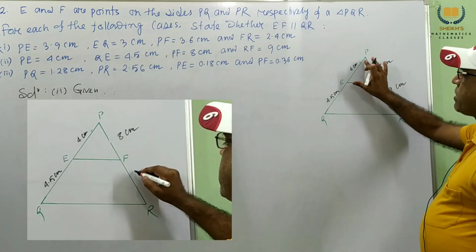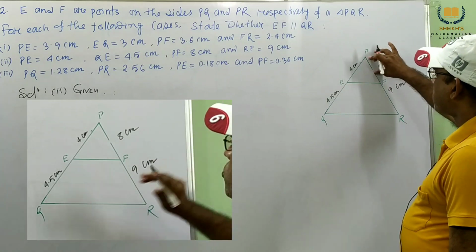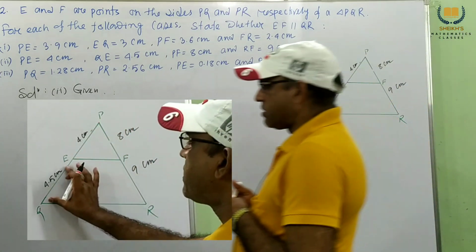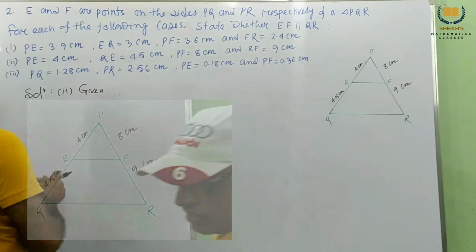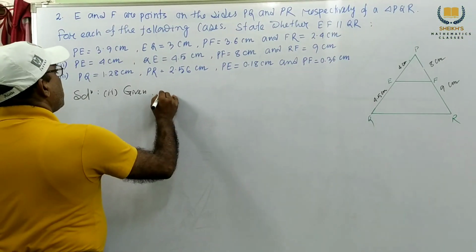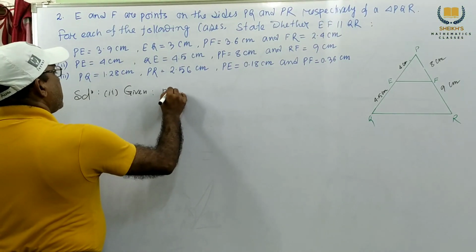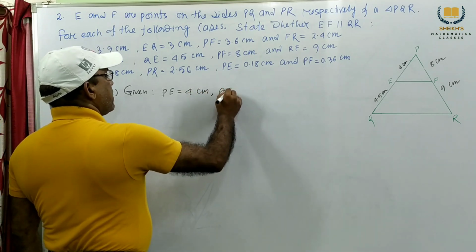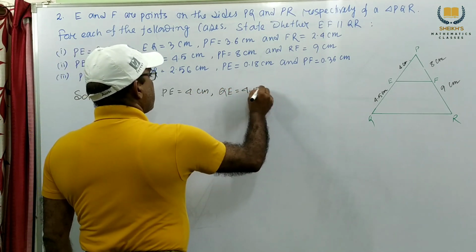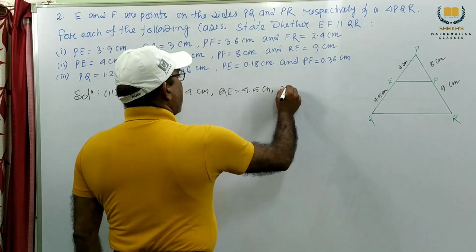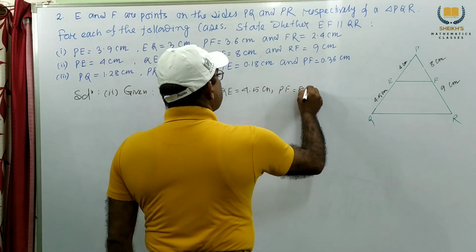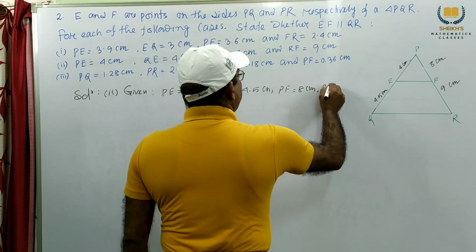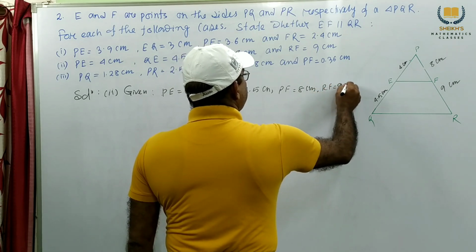Now you want to check whether this by this is equal to this by this or not. What are given? Number 2, given PE equal to 4 cm, QE equal to 4.5 cm, PF equal to 8 cm, and RF equal to 9 cm.